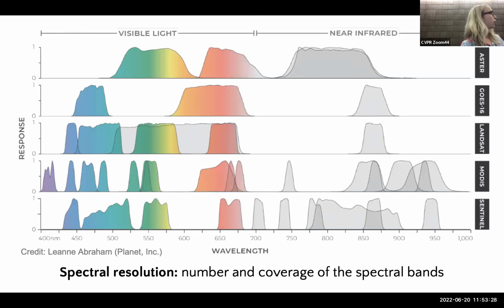So each row here is showing example spectral response in the near infrared and visible wavelengths for some commonly used satellites. In particular, the bottom 3, Landsat, MODIS, and Sentinel, are really commonly used satellite data sets. And a lot of them have pretty good coverage in the visible and near infrared.